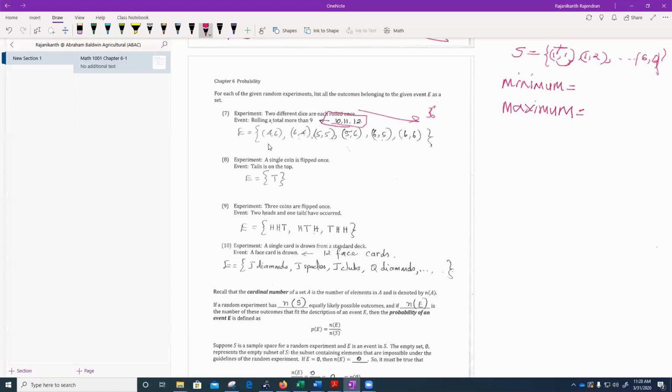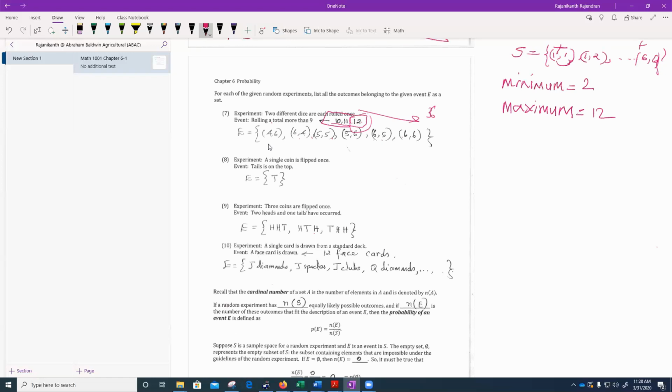So the smallest possible total, 1 plus 1, which is 2, right? Then what is the maximum total? 6 plus 6, which is 12. So these are the maximum and the minimum totals you may have, but they are asking us, hey, could you define event E? The total should be more than 9. That means you may have 10, 11, or 12, right? You cannot exceed 12 because the possible maximum numbers are 6 and 6 from our dice, right?